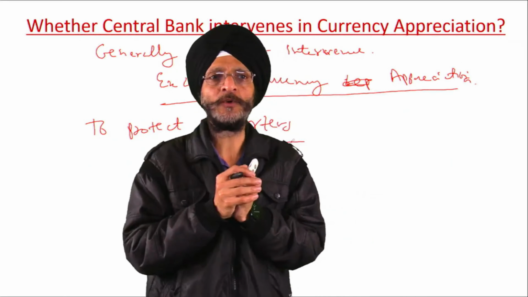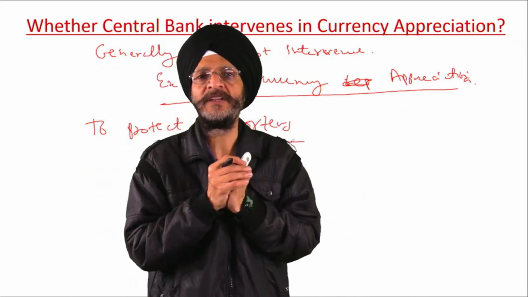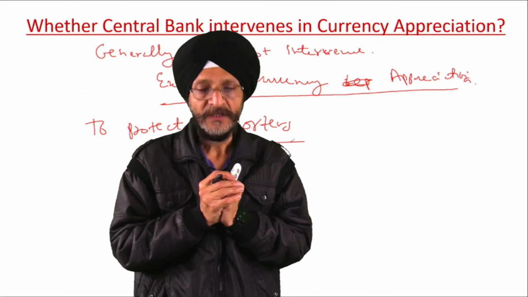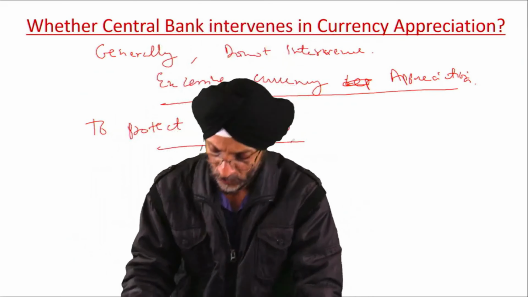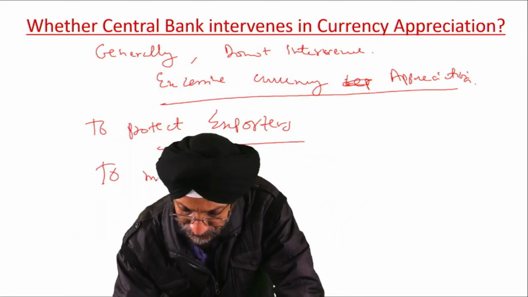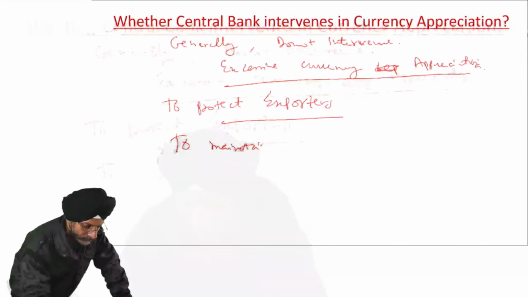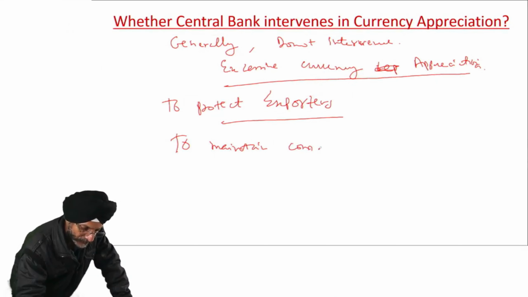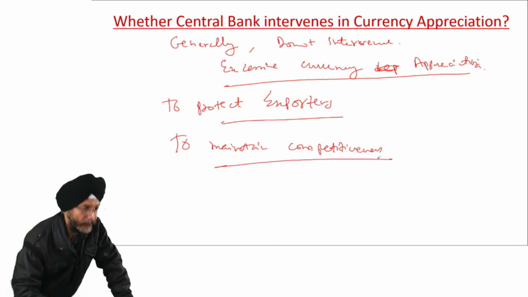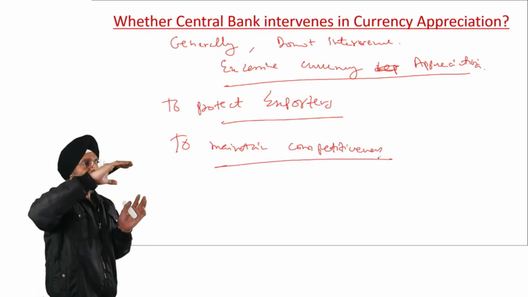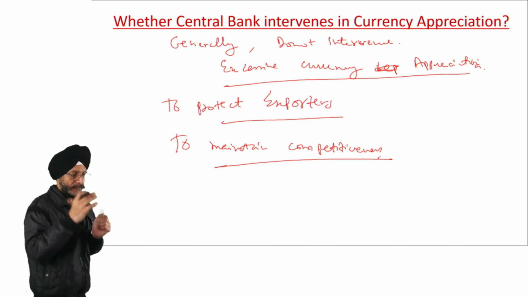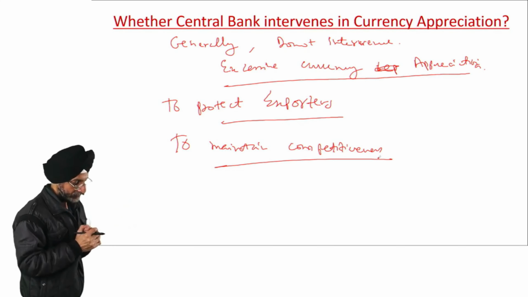So to protect exporters, the central bank does intervene in case of excessive appreciation. They also intervene to maintain export competitiveness in the global market. To remain competitive in the export market, they intervene.